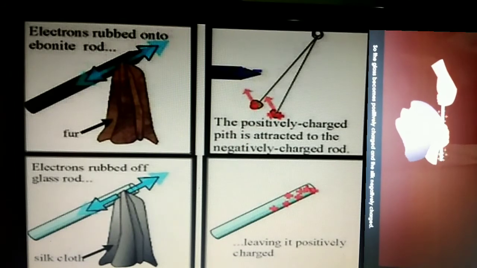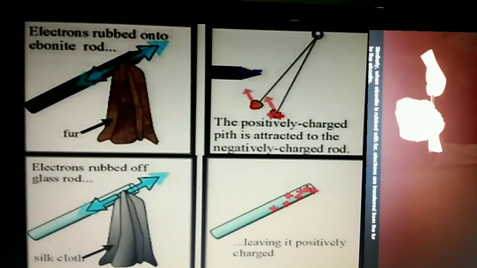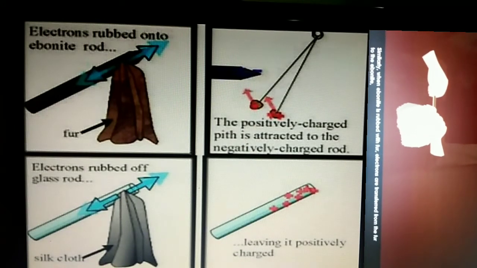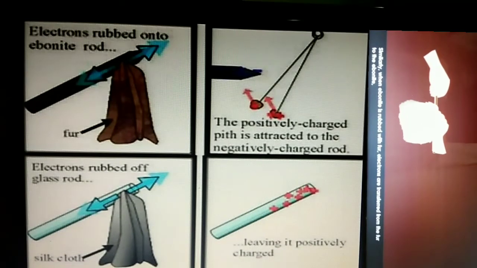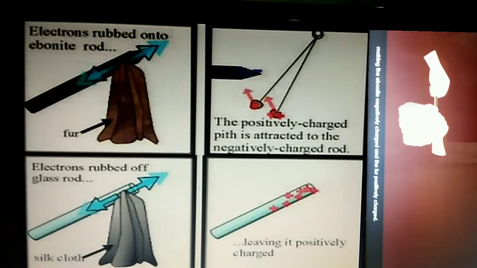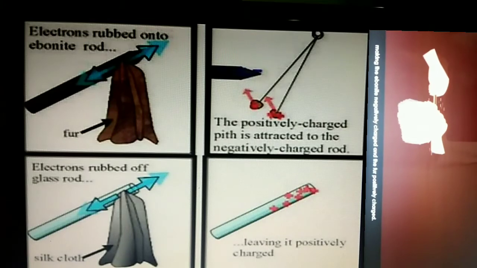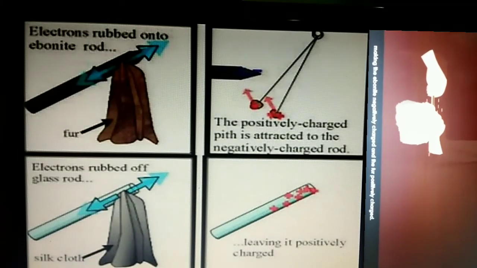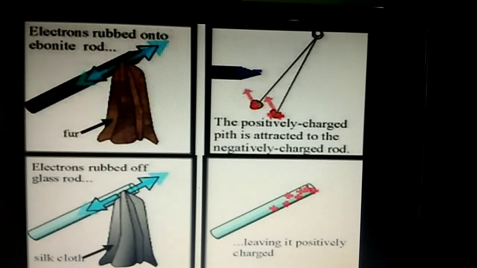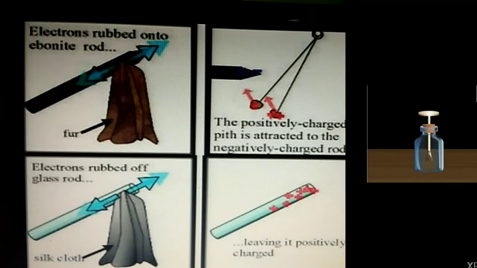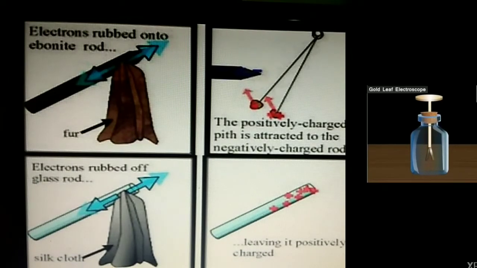Whenever these electrified objects are there, they show properties like magnetism: like charges repel, unlike charges attract each other. This is the principle of static electricity as well as magnetism. Like poles repel, unlike poles attract. In the same way, like charges repel, unlike charges attract each other.